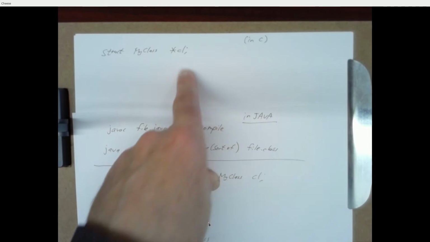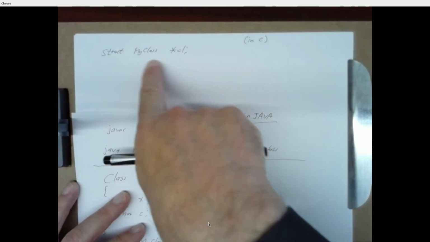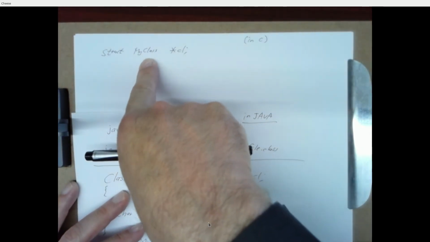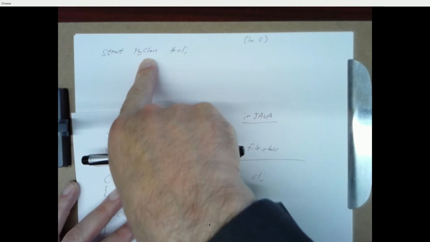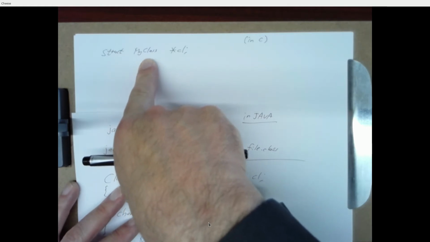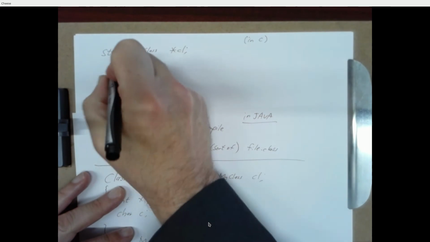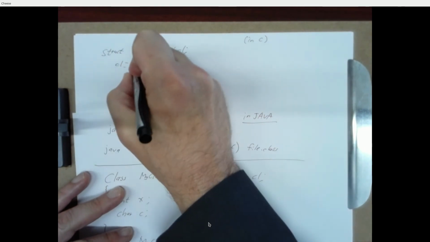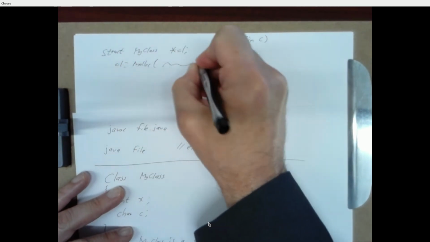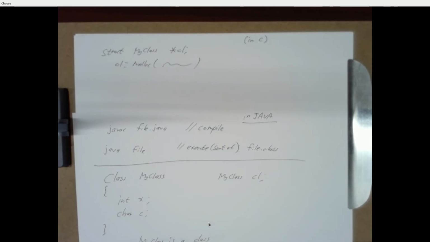All we've done is we've told the compiler CL is going to refer to a my class, but it doesn't actually refer to anything in particular yet. It's uninitialized. And so in C, we would say something like CL equals malloc, and we put in the size of a struct my class. And now CL is actually a genuine bona fide variable of this type my class. It's actually pointing to something in memory.